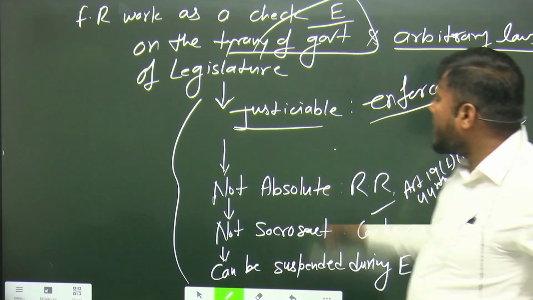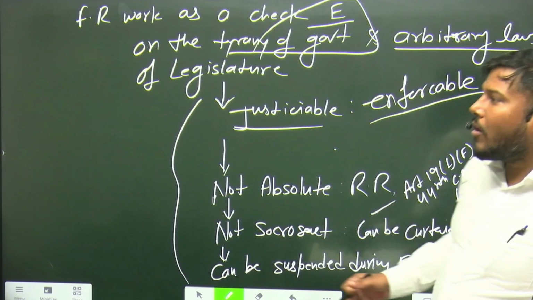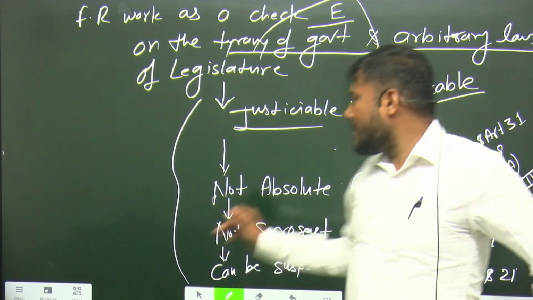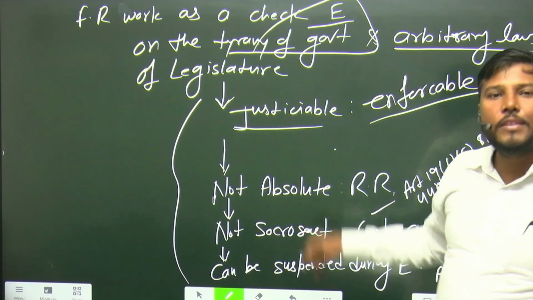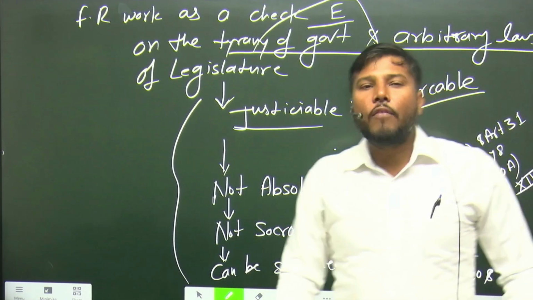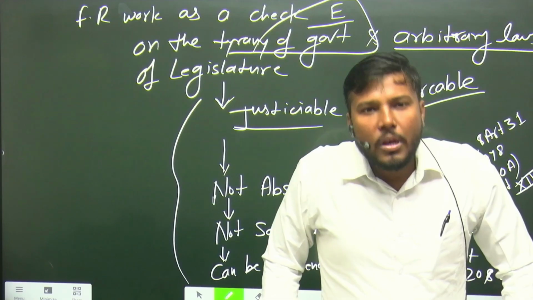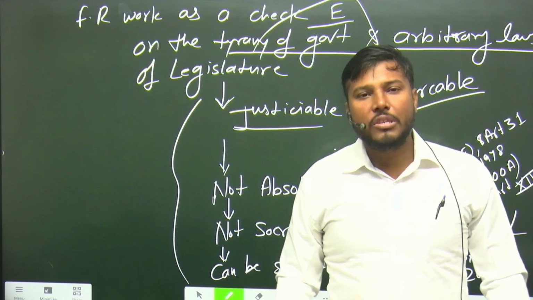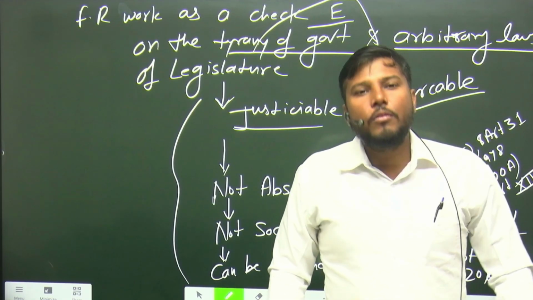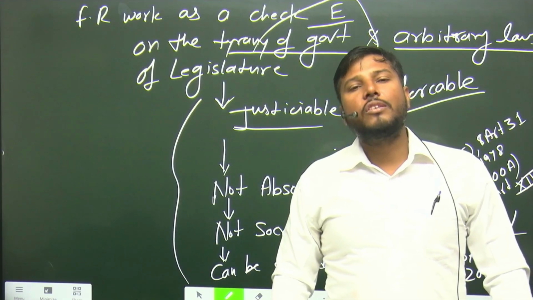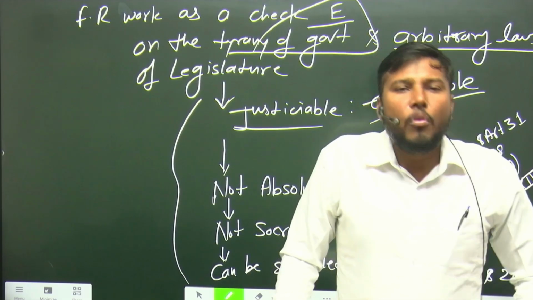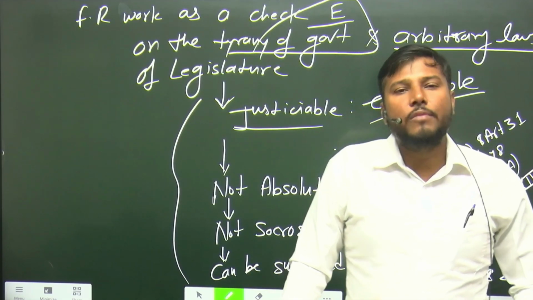The next one is fundamental rights are not absolute. Yes, this is some kind of disgusting thing which we have added. Unfortunately, our fundamental rights are not absolute, but there are reasonable restrictions, right? But in the name of reasonable restrictions, we have restricted so many aspects of fundamental rights, which is very unfortunate.